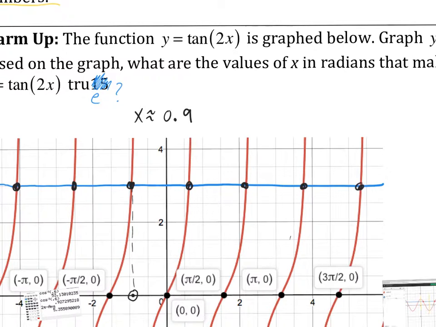Next, I have this one right here, which is slightly above 1, so this is slightly above 1/2. And forgive me, I made a mistake. It's got to be negative on the first one.